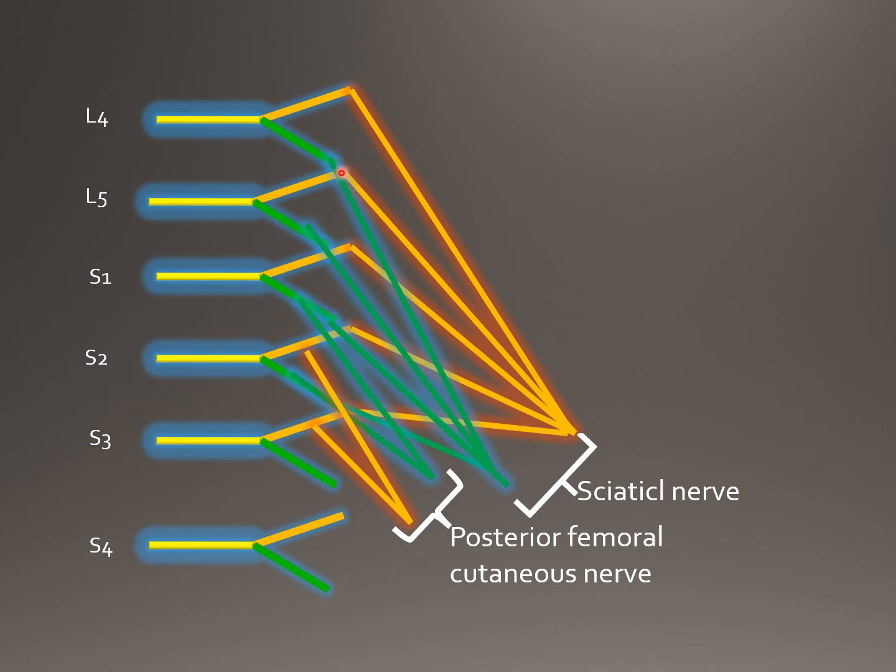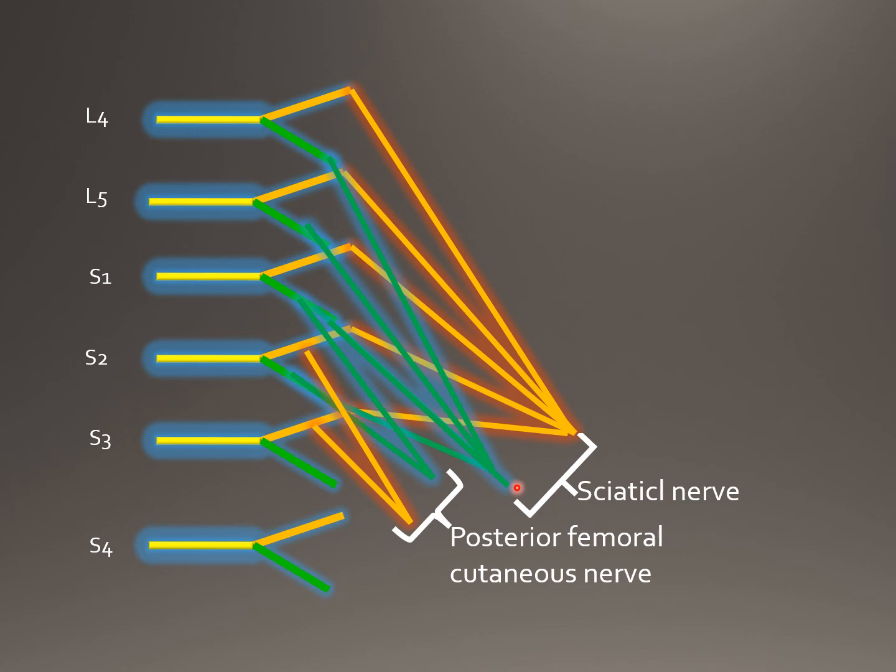And dorsal branch of ventral rami of L4, L5, S1 and S2 joins to give common peroneal component. The tibial component and common peroneal component together we can say as sciatic nerve. So sciatic nerve contains both the components.